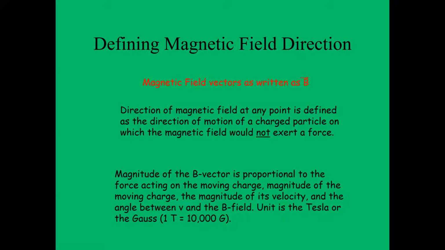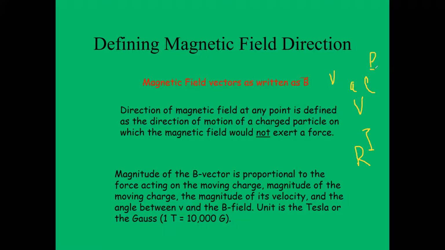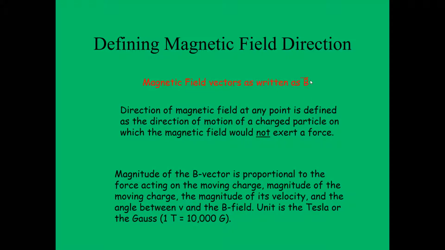The magnetic field vector is written as B. For example, for velocity we use v, for acceleration we use a, for voltage a capital V, I for current, R for resistance, rho for density, and a symbol for pressure. So we use symbols for every physical quantity. For the magnetic field, we write it as B with a vector sign on it.